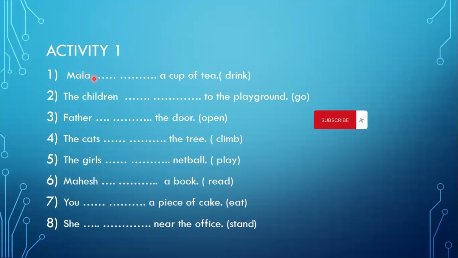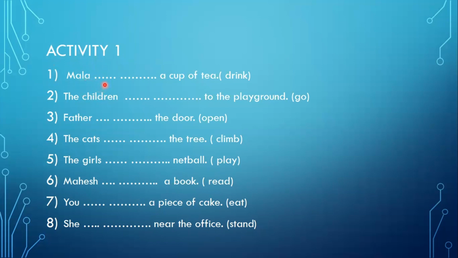Mala. I have given you 2 blanks, then a cup of tea. The verb is drink. So that's the verb you have to use in this sentence. So you have to use the helping verb is. Since Mala is a singular pronoun, you have to use the helping verb is.